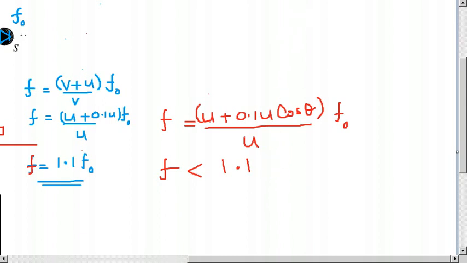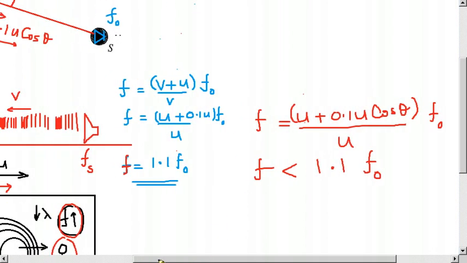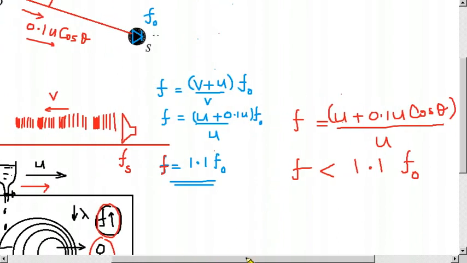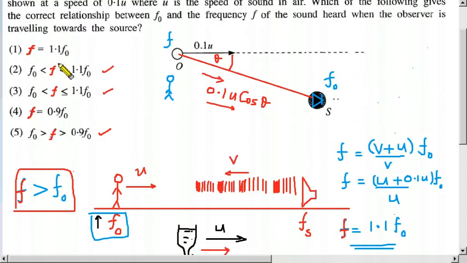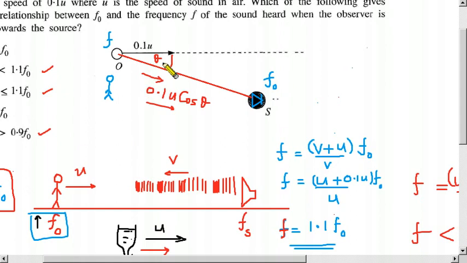So therefore, since there is an angle, the frequency observed, the red f, must be smaller than 1.1 f naught. This red one must be smaller than this one, not equal. You can't get the equal value, because there is always a theta.